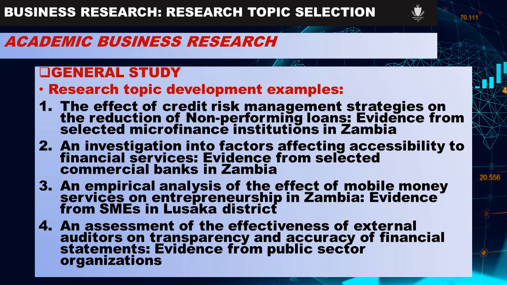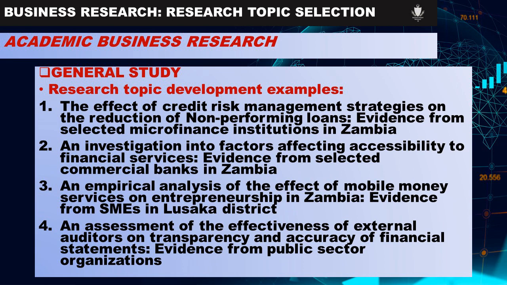And then we have the fourth one, which is an assessment of the effectiveness of external auditors on transparency and accuracy of financial statements, evidence from public sector organizations. This one is also very general because it is not specifying exactly the kinds of public sector organizations we're going to approach.